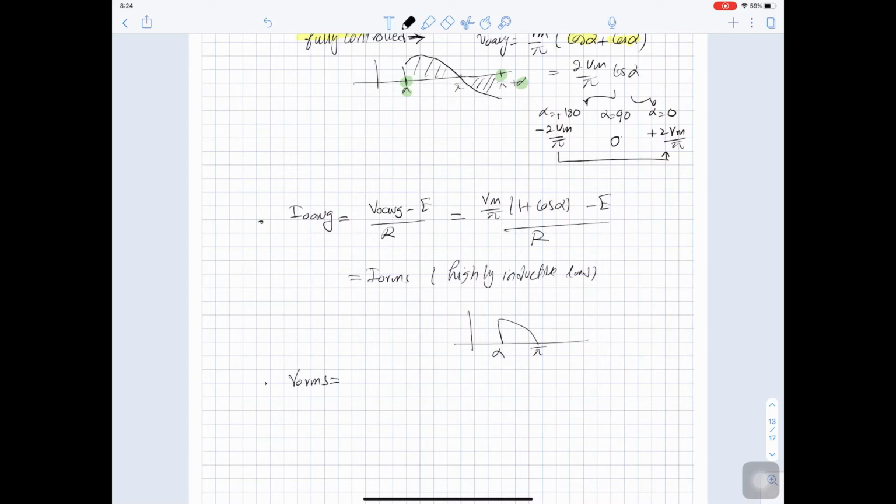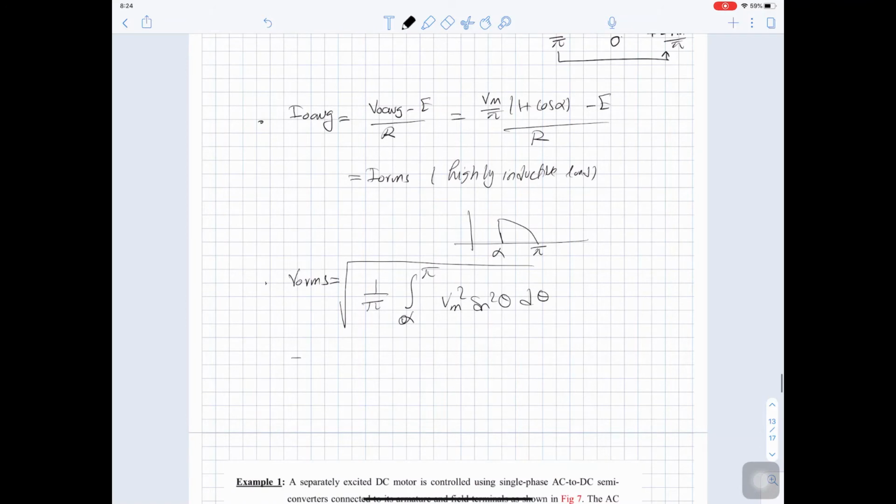So V out RMS will be square root of 1 over pi integration from alpha to pi V max square sine square theta d theta, equal to square root of 1 divided by 2 pi integration from alpha to pi 1 minus cos 2 theta d theta, equal to V max square root of (pi minus alpha plus sine 2 alpha over 2) over 2 pi.